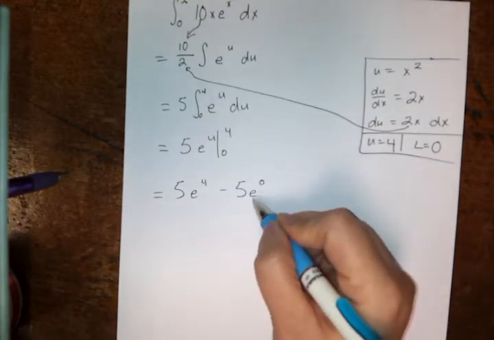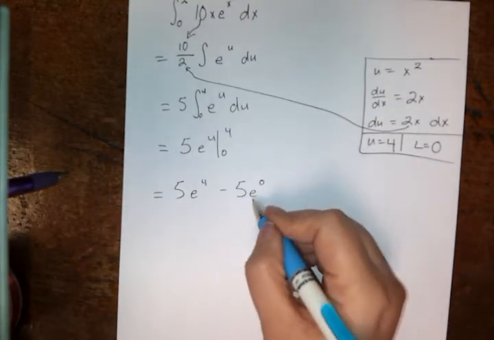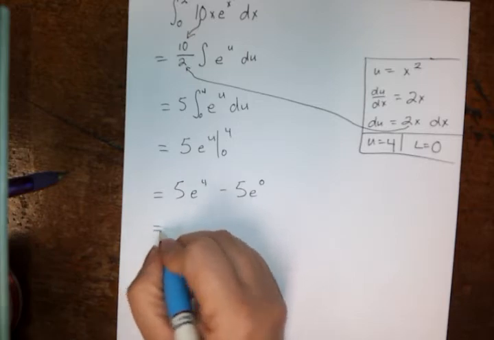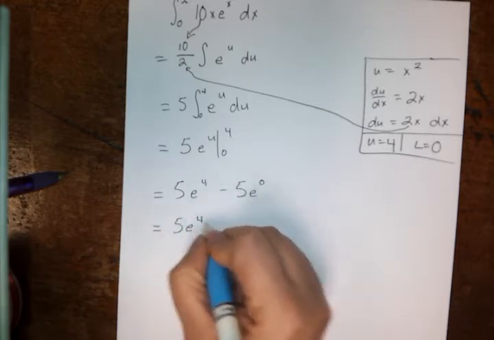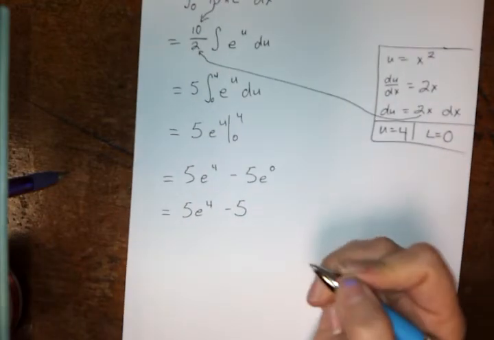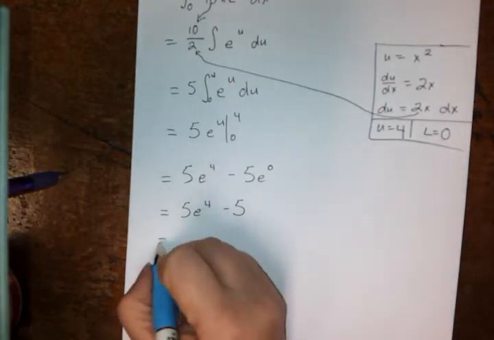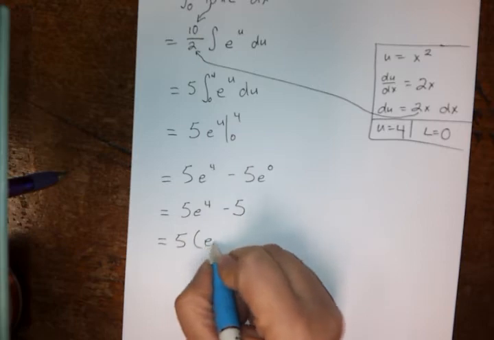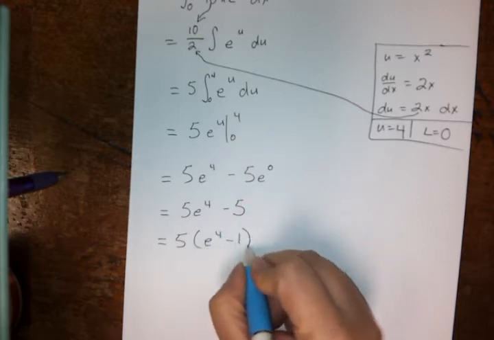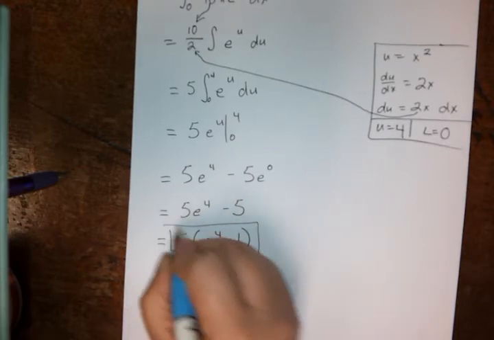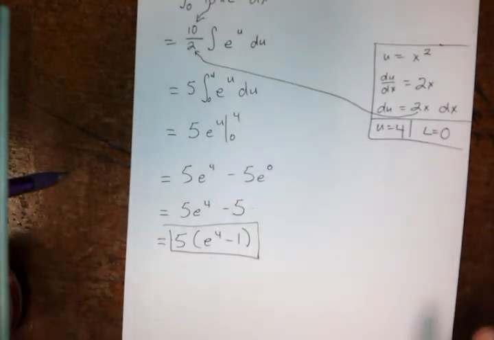Well, e to the 0 power is just like any other number to the 0 power. It equals 1. So that's going to be 5 e to the 4th minus 5, which is a perfectly adequate answer. You can put that into WebAssign without any issues. But you could also rewrite it as 5 times e to the 4th minus 1, which is their official answer that they're looking for. But this one would be okay as well.